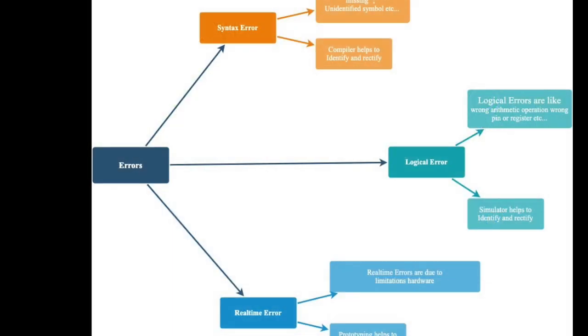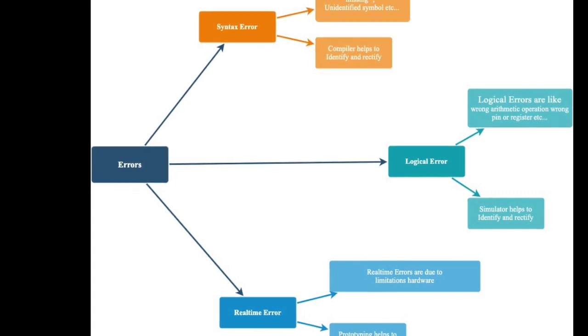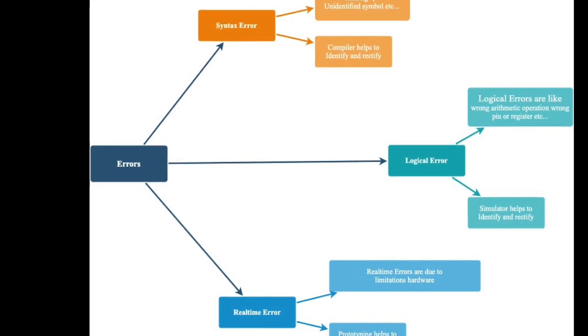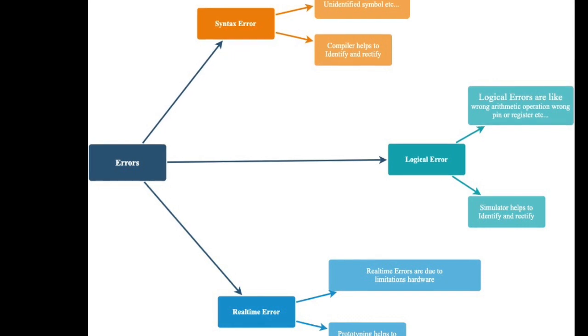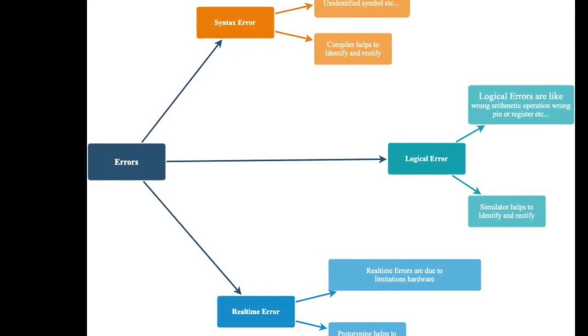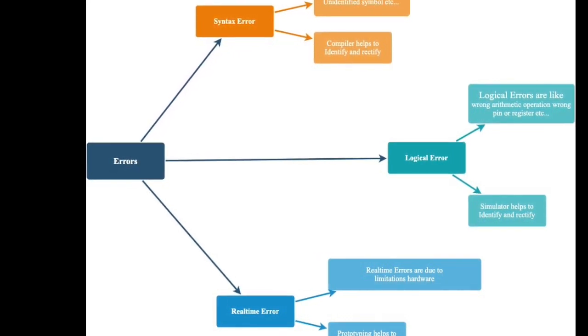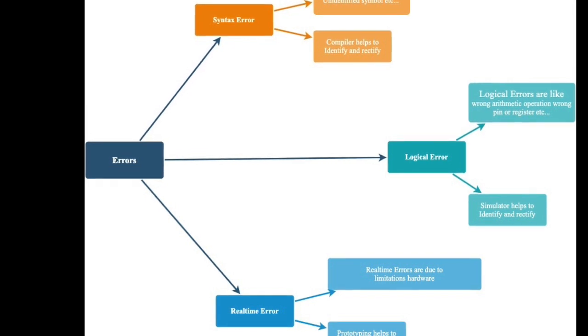While programming we encounter three types of errors. One is syntax error, second is logical error, third is real-time error. Syntax errors are due to misspelling or missing any semicolon or equal sign.